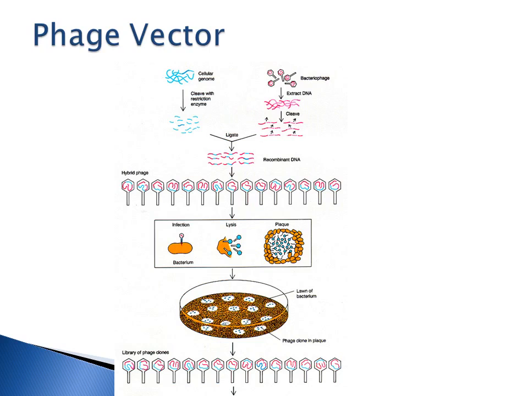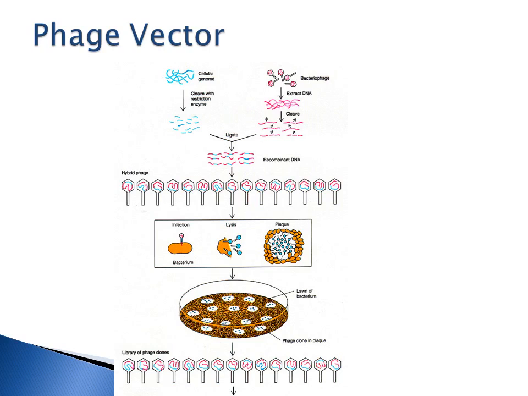You can then place that recombinant DNA into a hybrid phage. You can take that phage and use it to infect bacteria. That phage is going to insert the recombinant DNA into the bacteria. The bacteria are then going to double. You can lyse the bacteria, which are going to form a plaque on your plate.